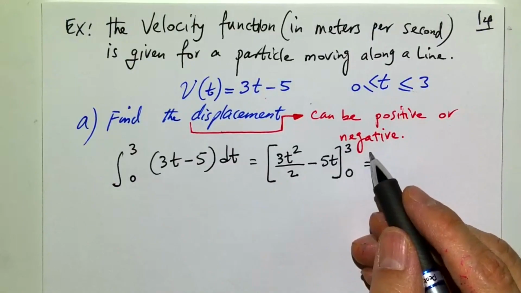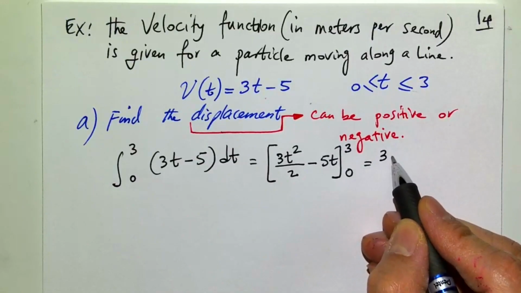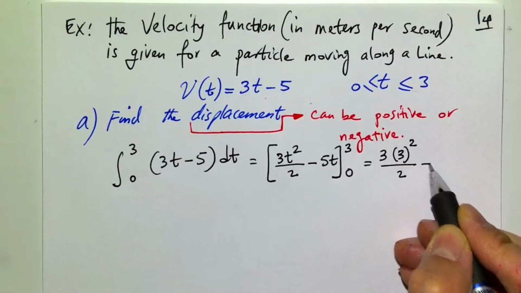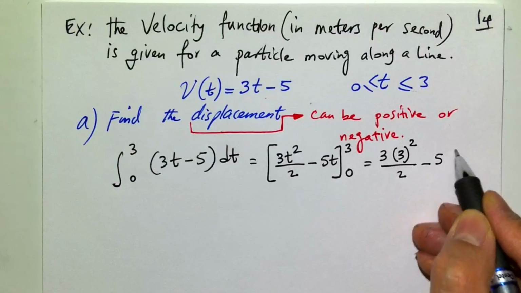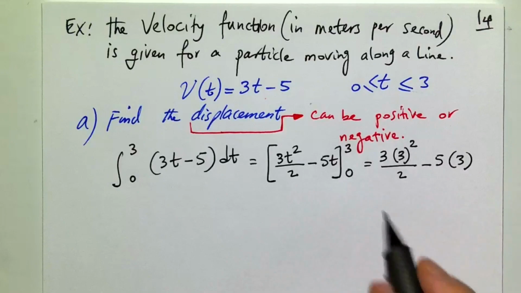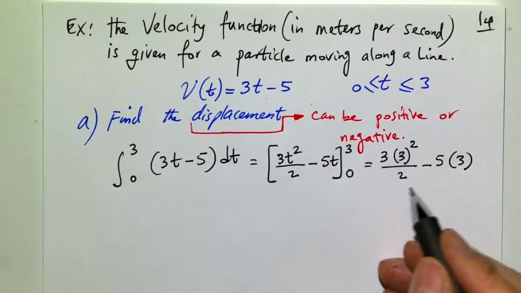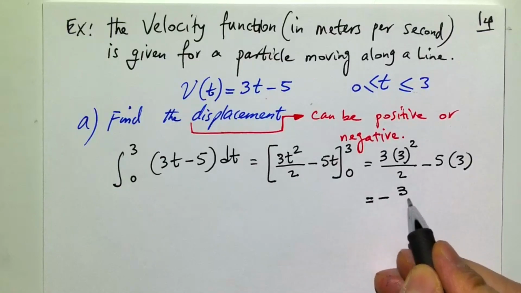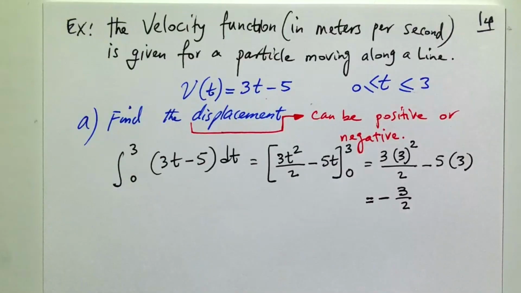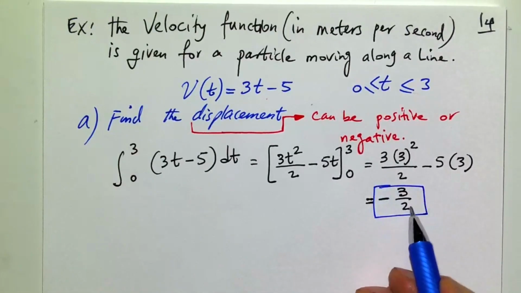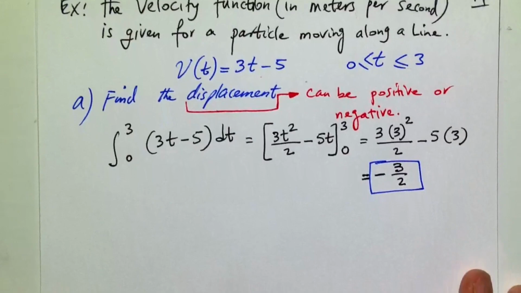Just plug in 3 in all of this. 3 times 3 squared over 2 minus 15, or 5 times 3. And then the other piece is just 0, so we leave it out. So after simplifying, you should get minus 3 over 2. So we have a displacement of 3 over 2 in the negative direction.